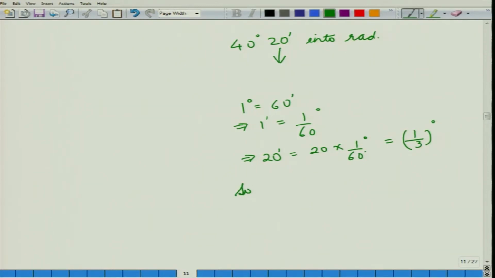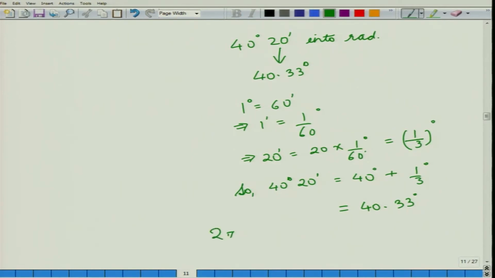So, 40 degrees 20 minutes is equal to 40 degrees plus 1 by 3 degrees, or 40.33 degrees.